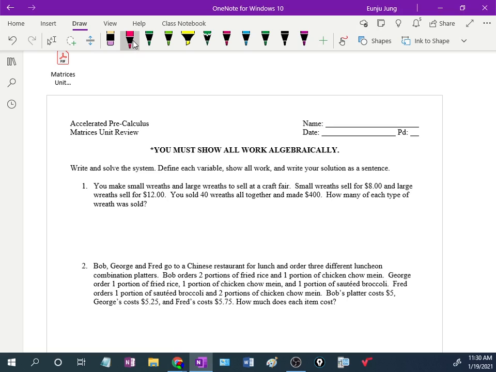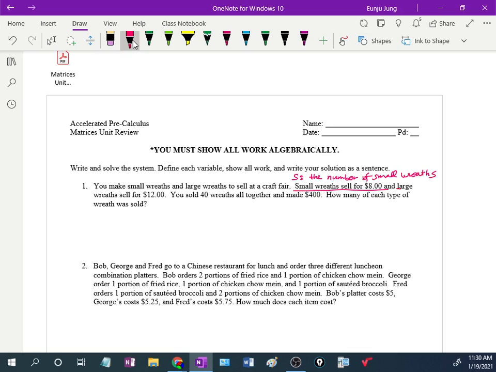So let's go with the number of small wreaths as a variable, S. S stands for the number of small wreaths.